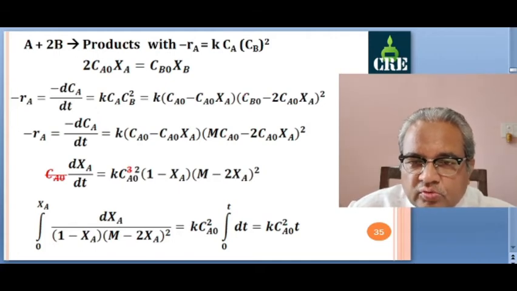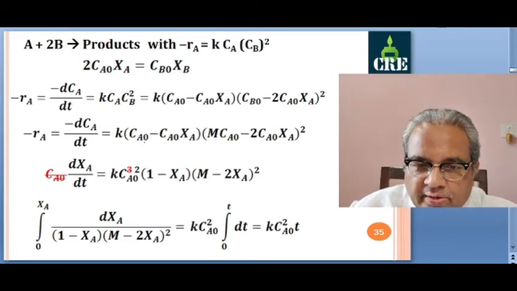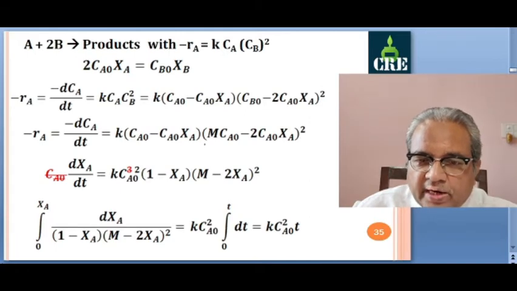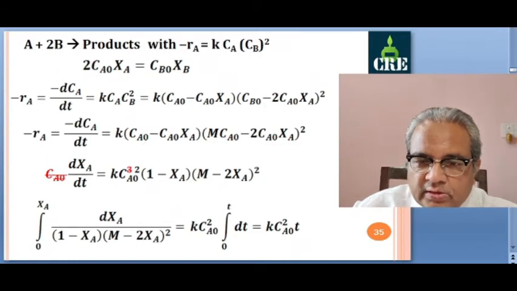Now this CB0 I can write as M CA0, where M is equal to CB0 by CA0. From this bracket CA0 is taken out, and from this bracket CA0 square is taken out. So we have CA0 square into CA0, that is CA0 cube, taken out from the two brackets collectively. What is left now is 1 minus XA and M minus 2XA whole squared.